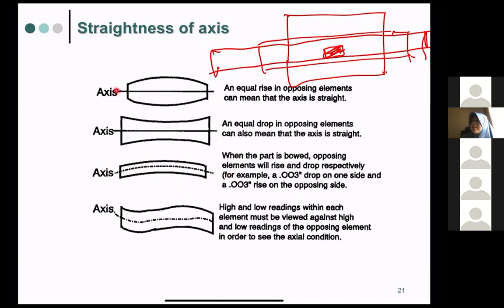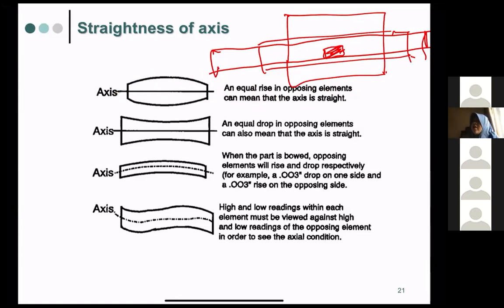So the straightness of axis tells you whether the axis can be straight. Equal rise in opposing elements can mean that the axis is right, but it is not good as well. That's why we have to measure the straightness of the axis and also the straightness of the surface.